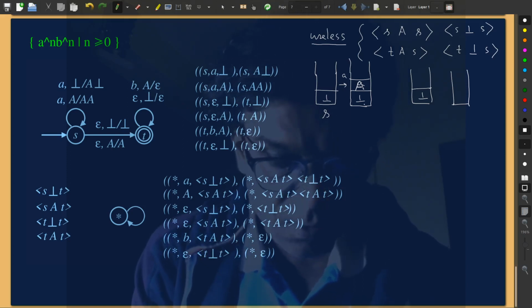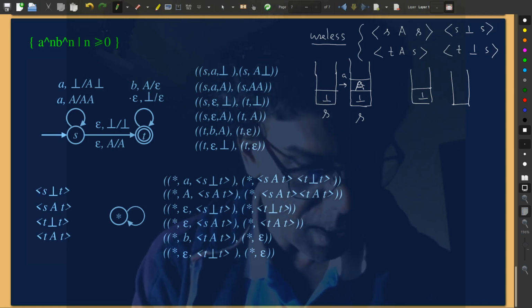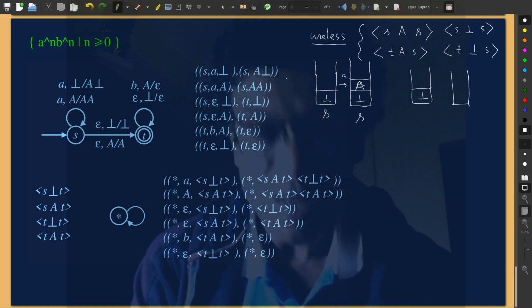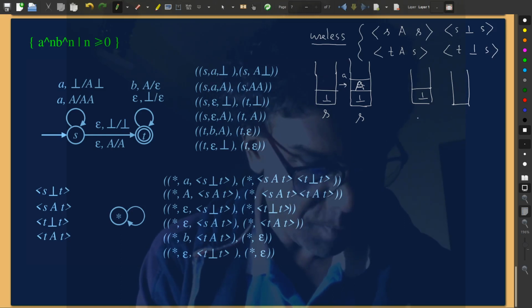So here I know the state is S. This can be either S or T. This can be either S or T. But once again, if I make a human judgment, I can see this cannot be S, because in S there cannot be any pop from the stack.